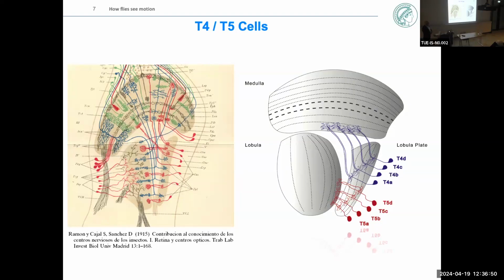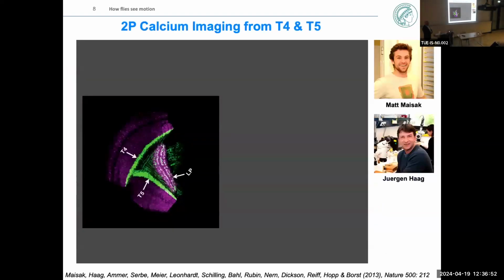And a couple of years later, we got a driver line from Gerald Rubin and Alyosha Nern from Janelia Farm, which was specifically targeting the T4 and T5 cells. Here you see the dendrites of the T4 cell under the confocal. Here, the dendrites of the T5 cells. And here you see the axon terminals in the 4 layers of the lobular plate.